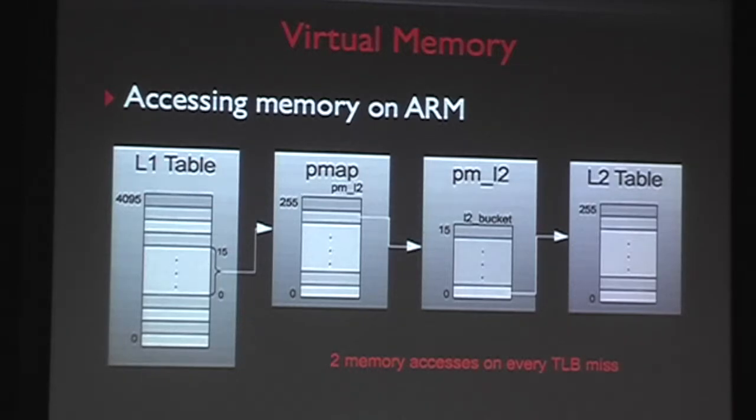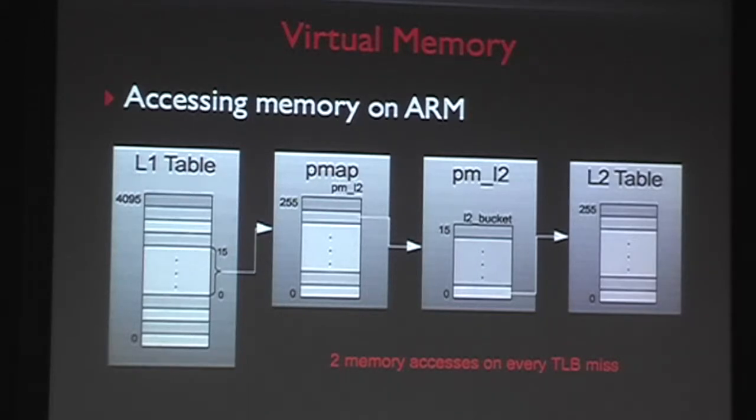The L2 table includes 256 entries that map 4 kilobytes each, and the blocks in the middle are not related to the way that hardware sees the structures in memory, but to the way FreeBSD PMAP handles those structures internally.